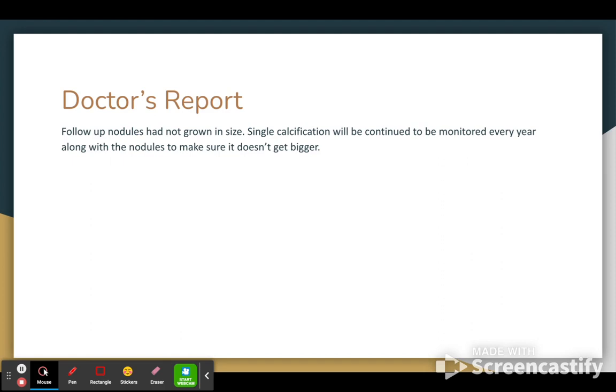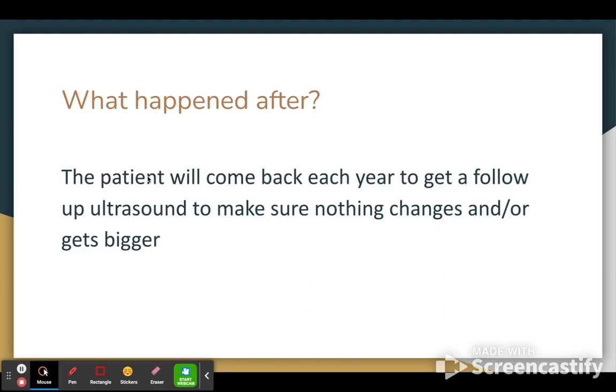She already comes once a year to get her thyroid scan, so we'll just keep an eye on that calcification, just like the nodules, to make sure it doesn't get bigger or change shape or anything like that. So what happened after, the patient will come back each year to get a follow-up ultrasound to make sure nothing changes or gets bigger.